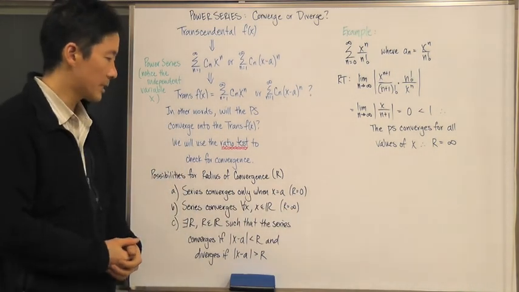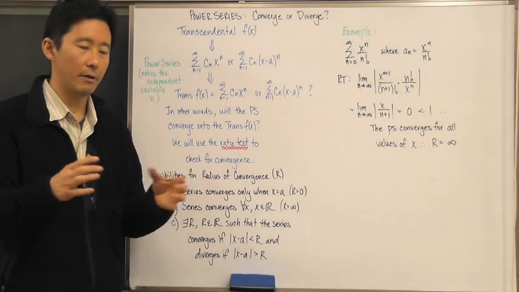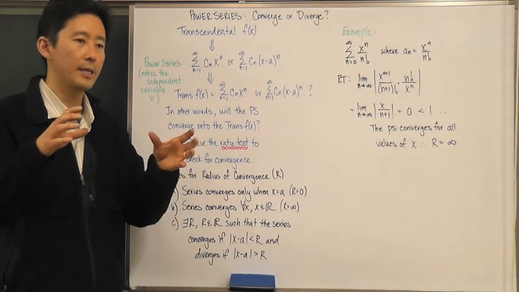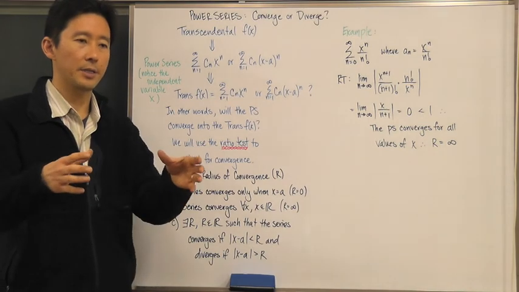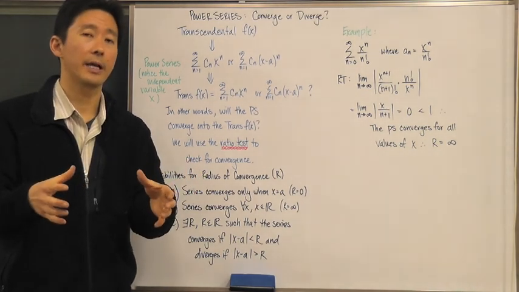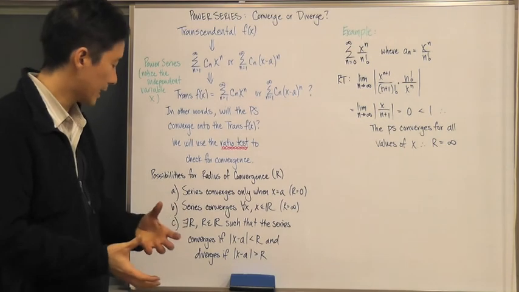Now, let's say there's only a particular interval for which the power series and the transcendental function give you the same exact value for a particular value of x.